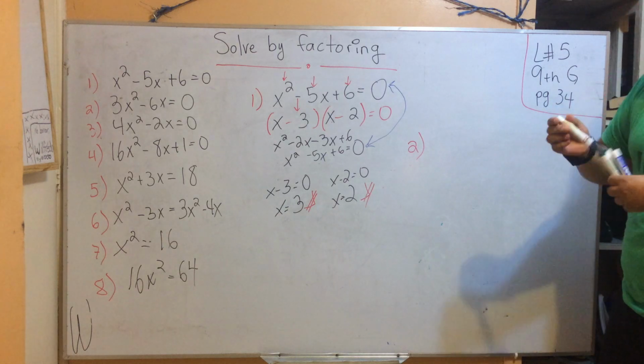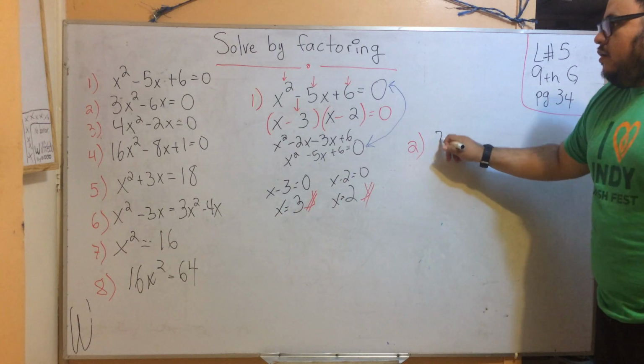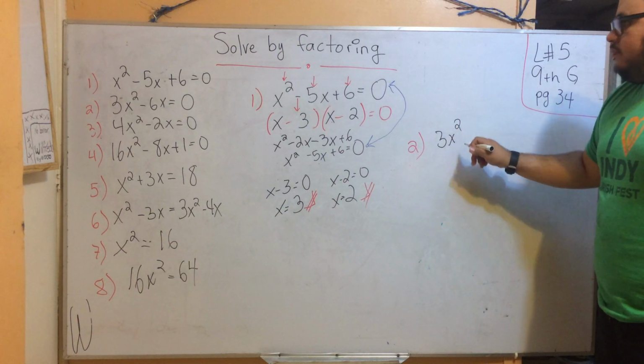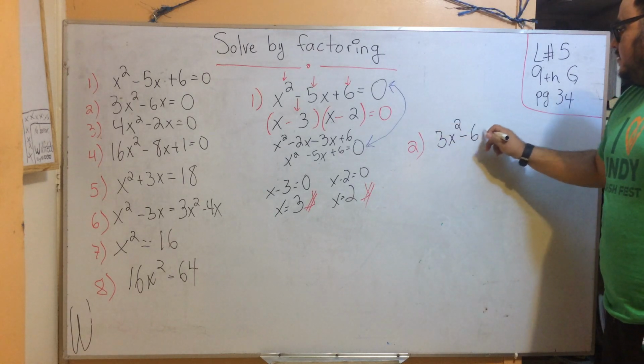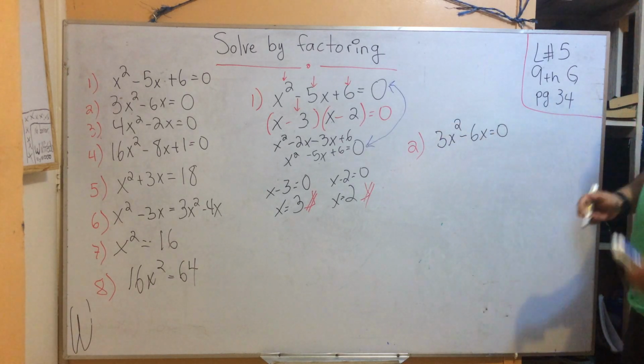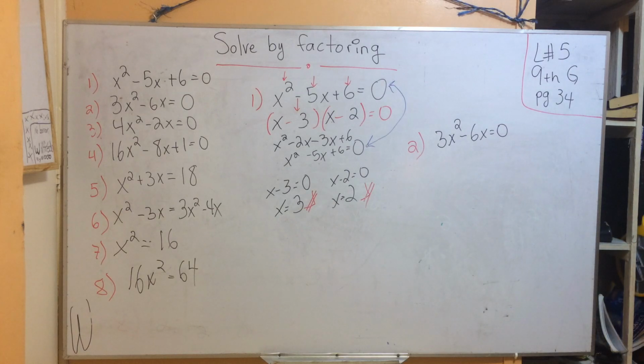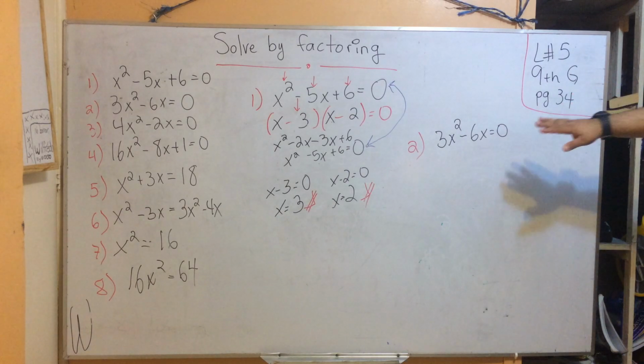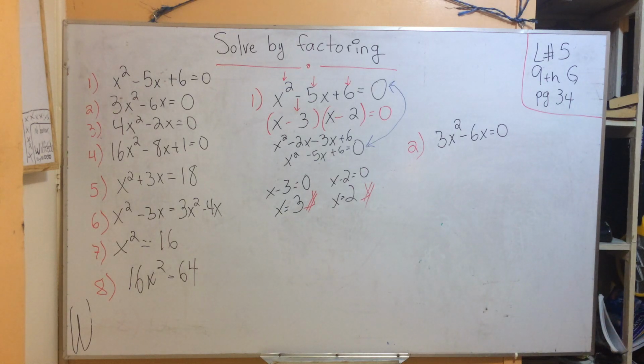Number 2 says 3x squared minus 6x equals 0. Now in this one, technically we are missing one term. But we can work with the terms that we already have.